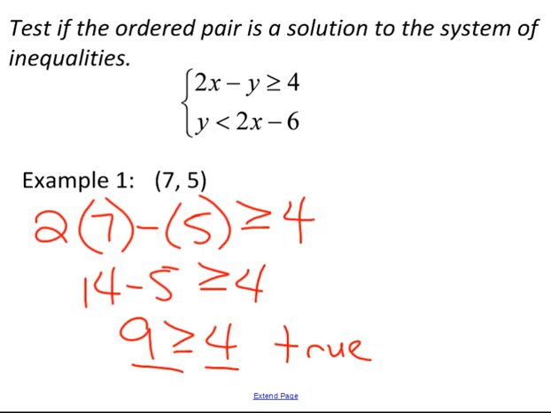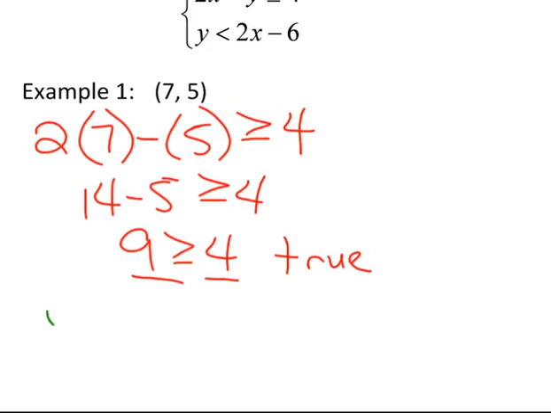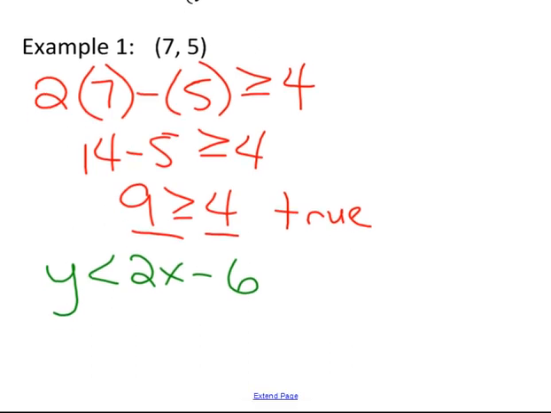So now I'm going to check the point in the other inequality. So what was my other one? y is less than 2x minus 6. I'm going to replace my x value with 7 and my y value with 5.